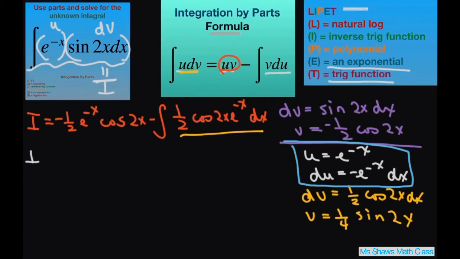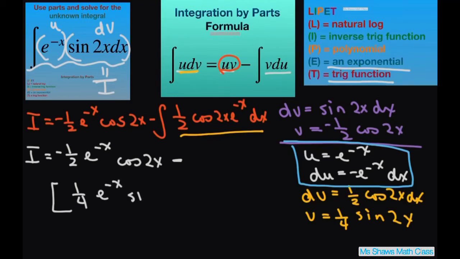We're going to get I equals negative 1/2 e to the negative x cosine 2x, minus, and I'm going to move it down here, 1/4 e to the negative x sine of 2x minus the integral of negative 1/4 e to the negative x sine of 2x dx.